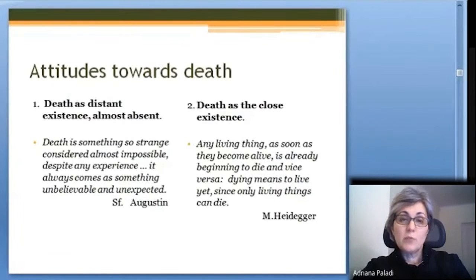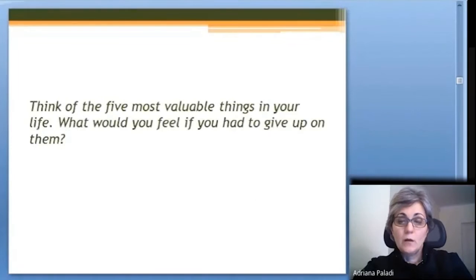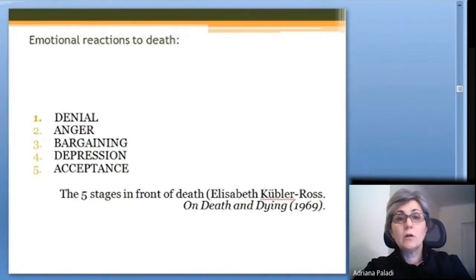These types of perceptions depend on the type of human personality, but at the same time, they depend on the person's or patient's life experiences and, of course, age. Also, in front of death, humans develop different kinds of emotional reactions.